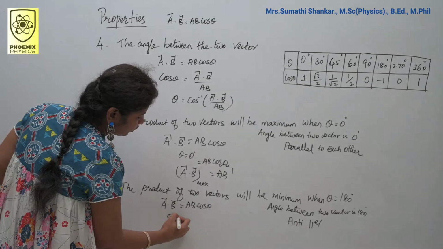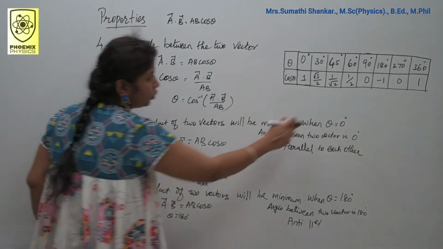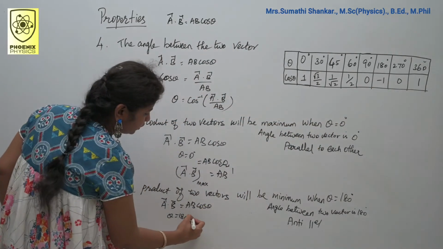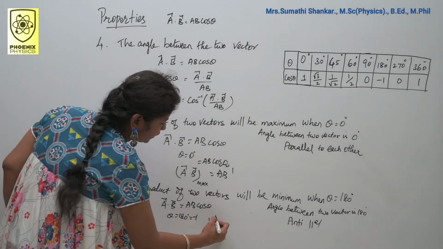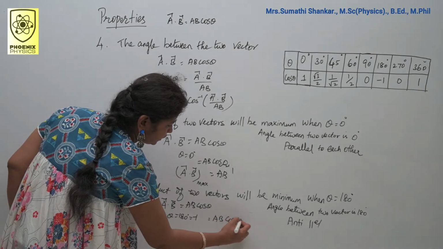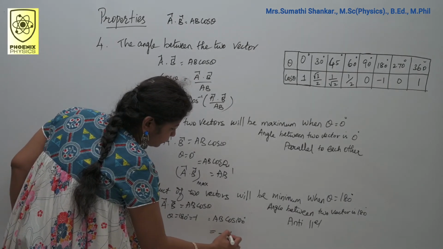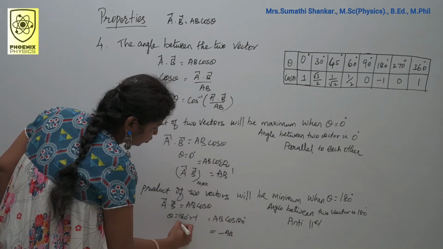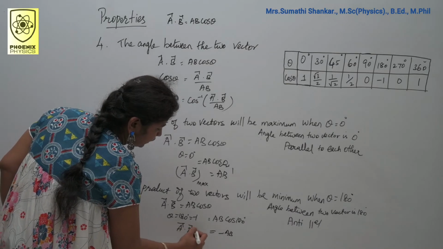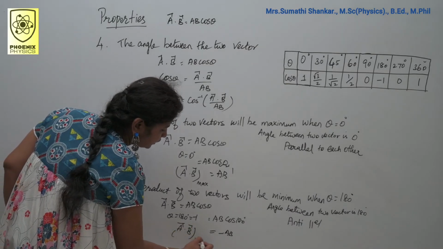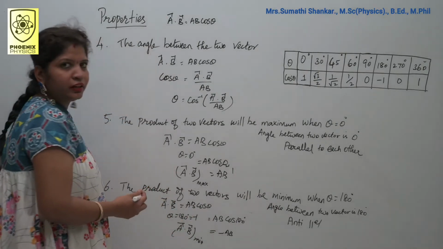Here theta is 180 degrees, and cos 180 is minus 1. Substituting, AB cos 180 degrees is minus AB. So the product quantity will be minimum when theta is equal to 180 degrees.